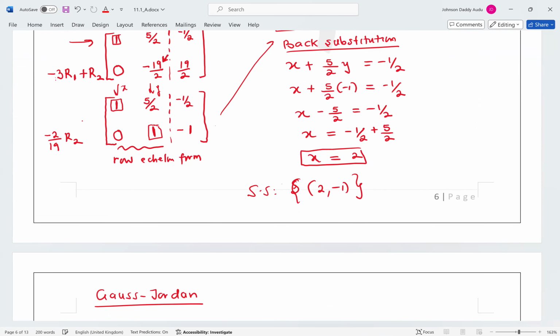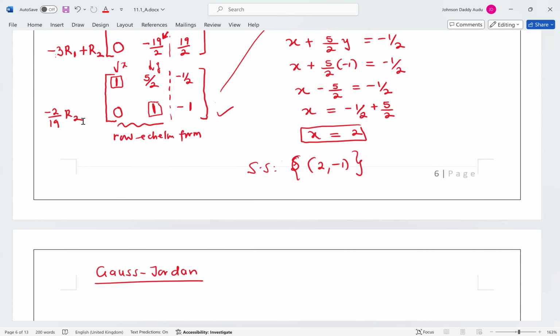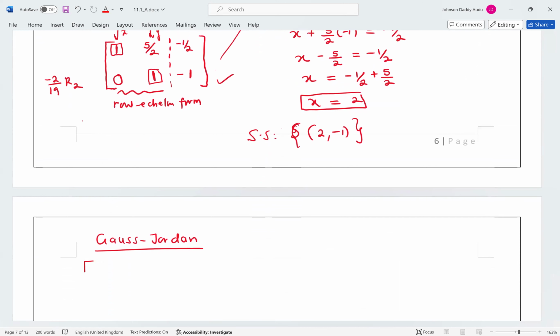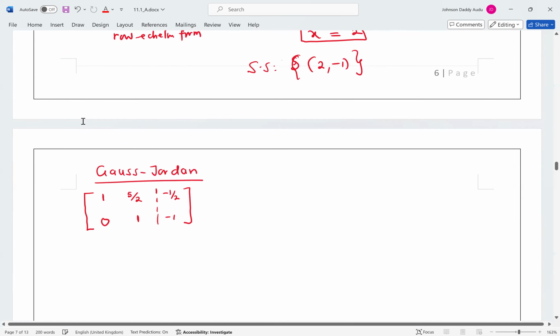This is your row echelon. So you take this row echelon matrix, which is simply 1, 5 over 2, minus half. This is 0, this is 1, and this is minus 1. So we continue from here. This is row echelon.